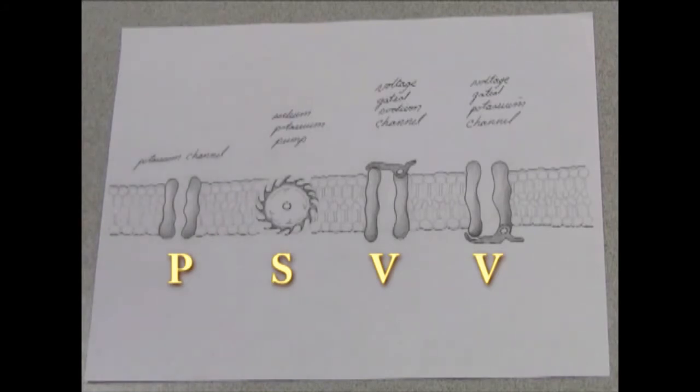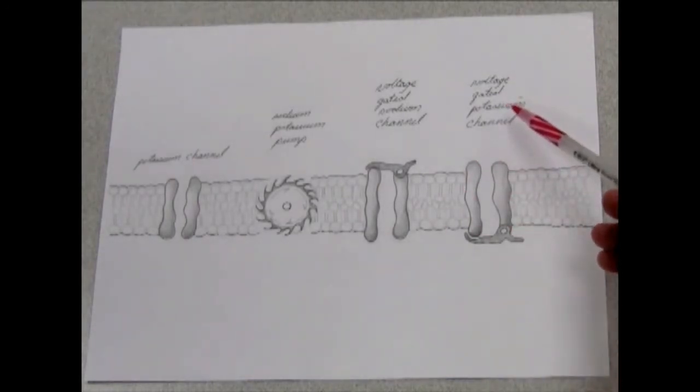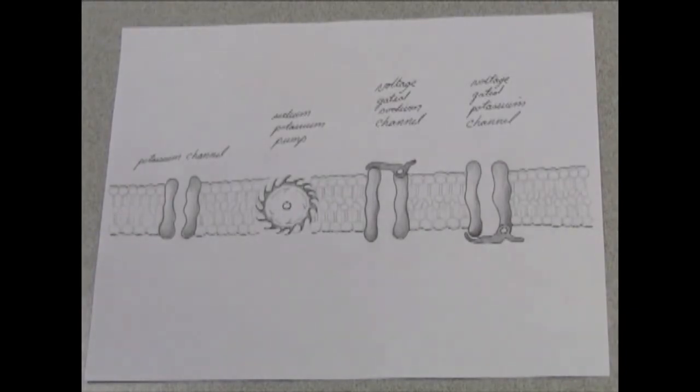At that time, the charge of +40 millivolts on the interior of the neuron opens the voltage-gated potassium channels, which are selectively permeable to potassium, which is then forced out of the intracellular space. It runs down its diffusion gradient.